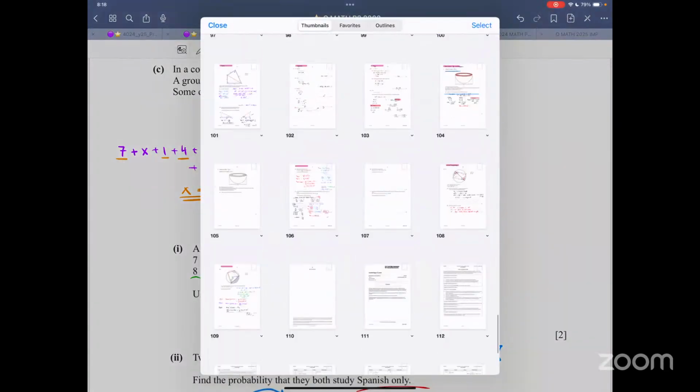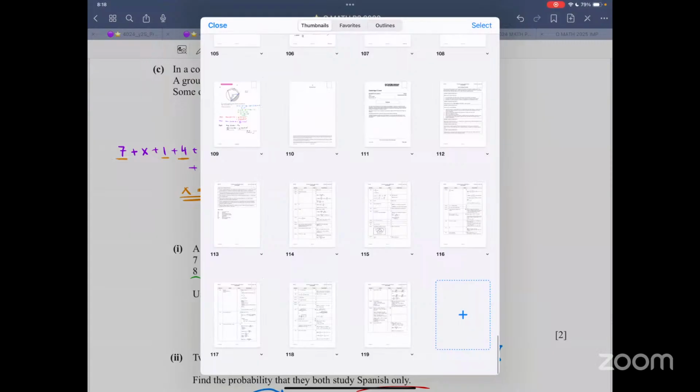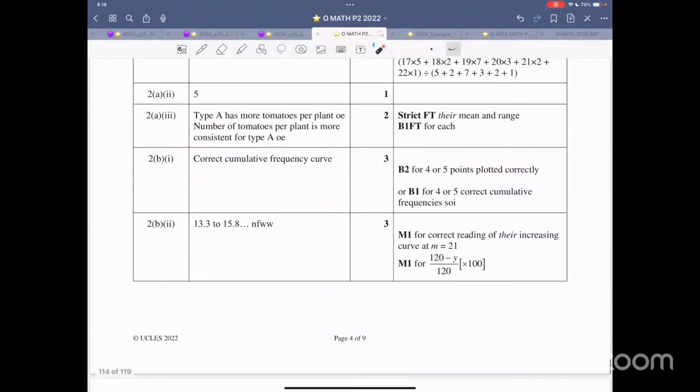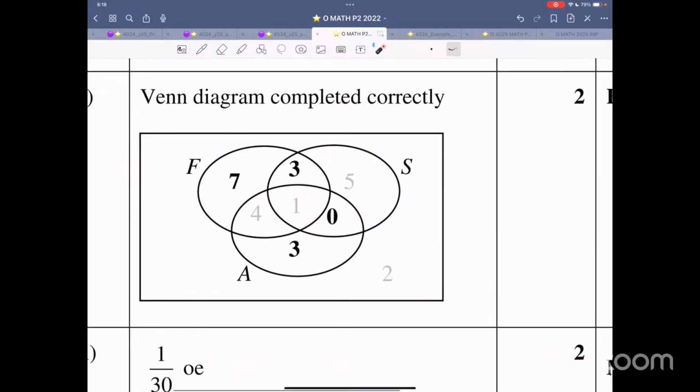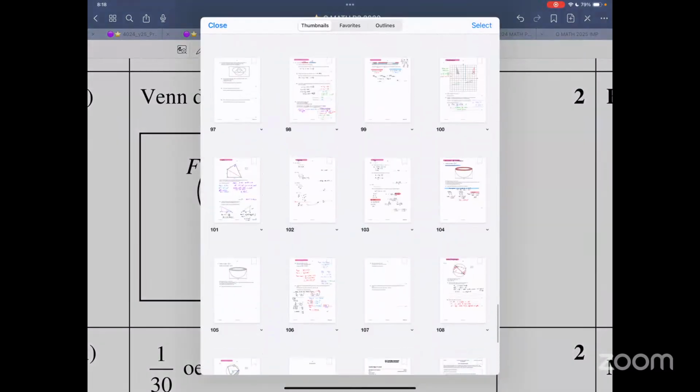Let me just double check this particular question. So over here, there it is. 7 students was French only. So that was this thing, only French, not the whole thing. And then we add this all up and equal to 25. So you find the value of 3. So that is how this thing is done.